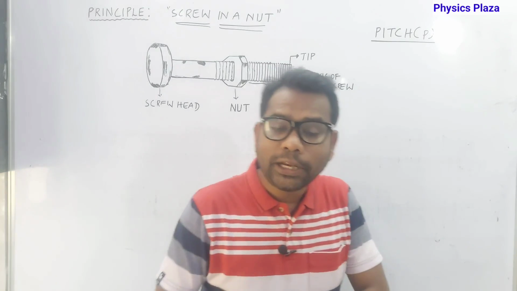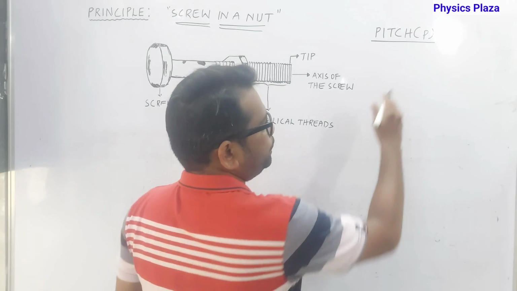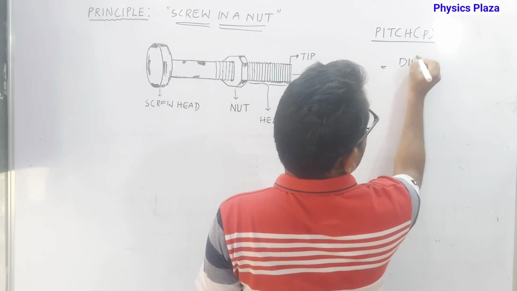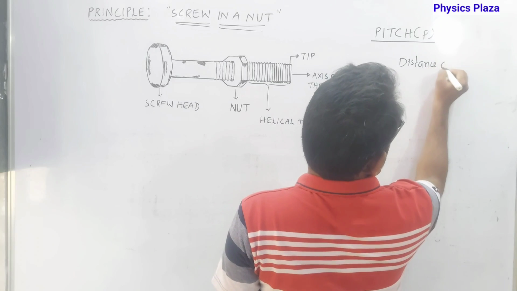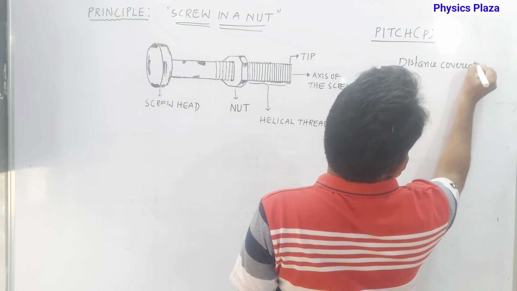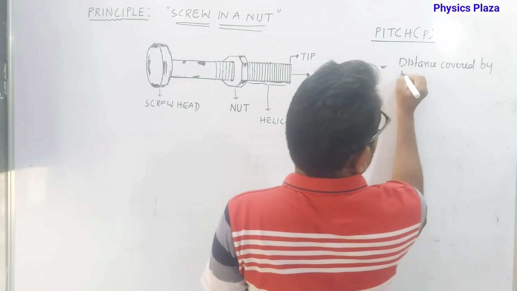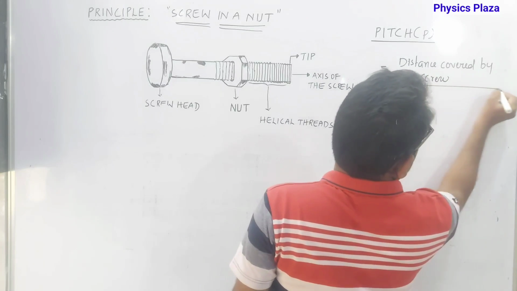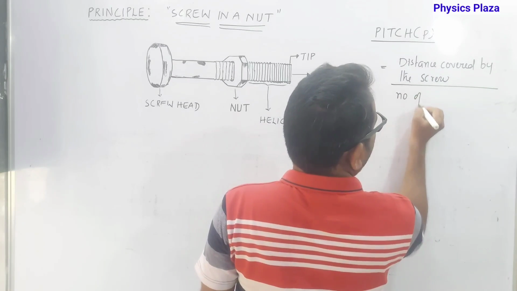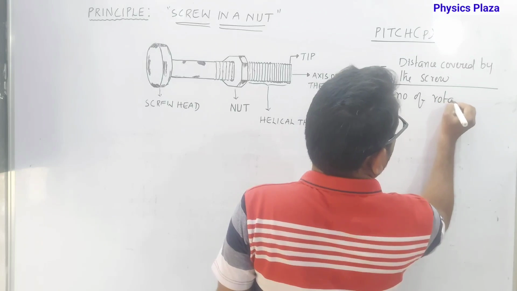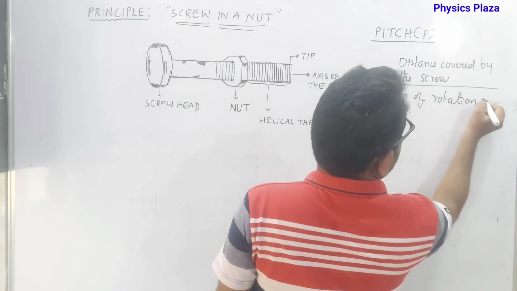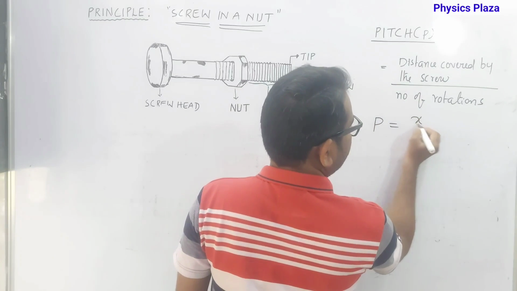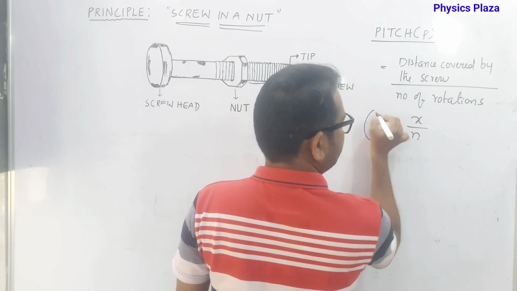Now let us see mathematically how to calculate the pitch, children. So pitch is equal to, it's very important, the distance covered by the screw by the number of rotations. Very simple: P is equal to X by N. Children, it's very important.